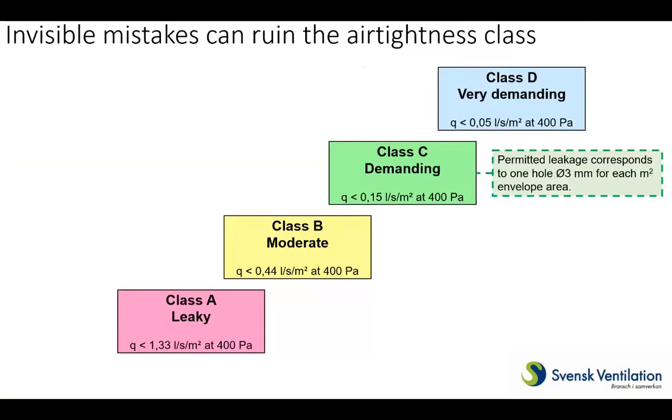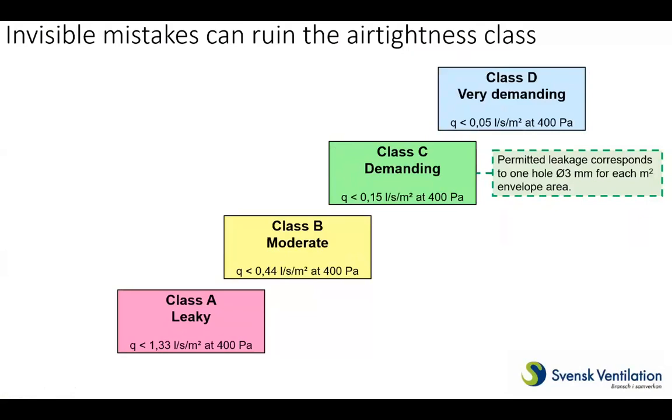Let's come back to the classes I showed you before, and how invisible mistakes can ruin the airtightness class. Remember now the permitted leakage corresponds to 1 hole of 3 millimeters for each square meter envelope area.